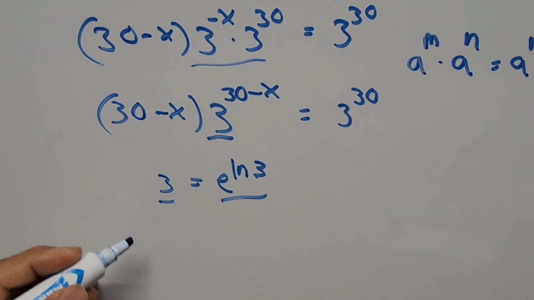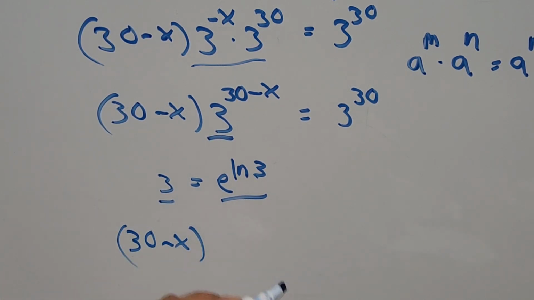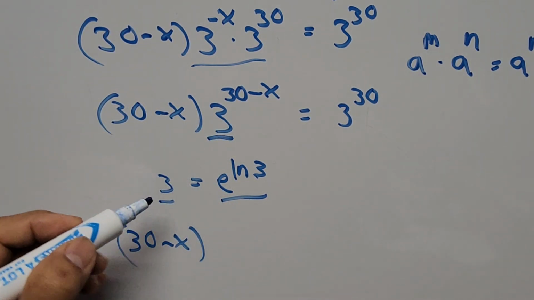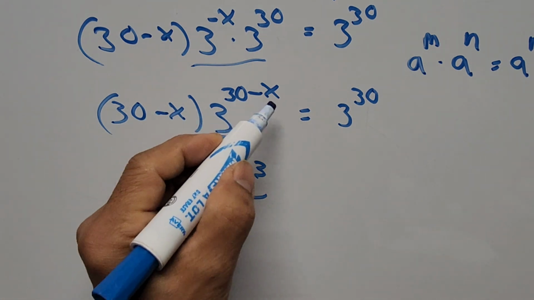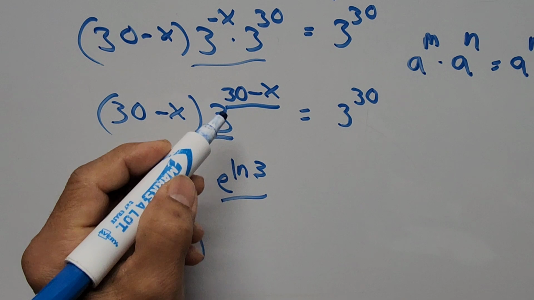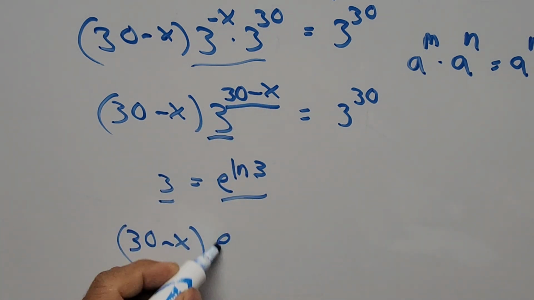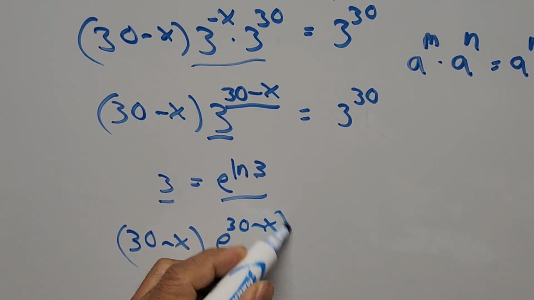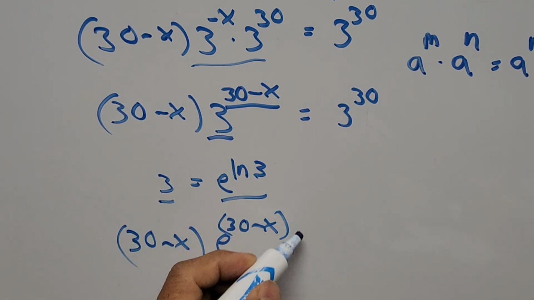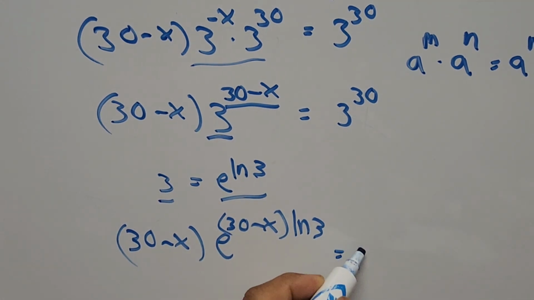So the left-hand side now becomes 30 minus x times 3 is now represented by e to the power of ln of 3. And since the existing exponent is 30 minus x, let's write that over here. So e to the power of 30 minus x times ln of 3. And the right-hand side remains the same.